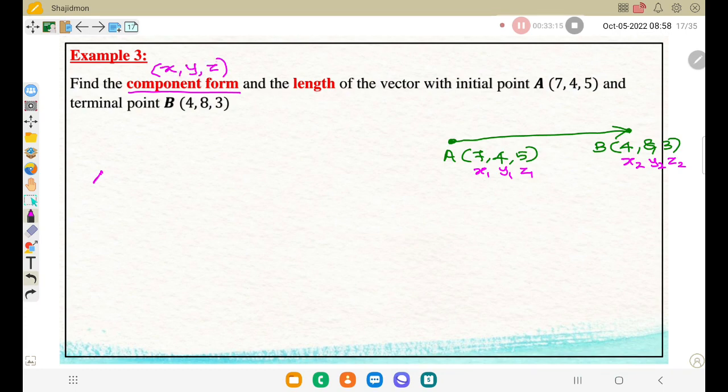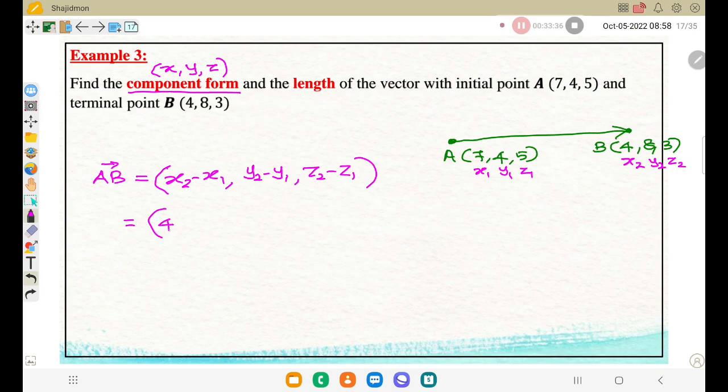For vector AB, what is the x component? What is the y component? What is the z component? So, what was the rule we studied? Vector AB equals x2 minus x1, comma, y2 minus y1, comma, z2 minus z1, correct? Just apply the numbers.